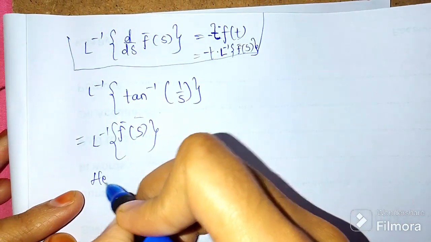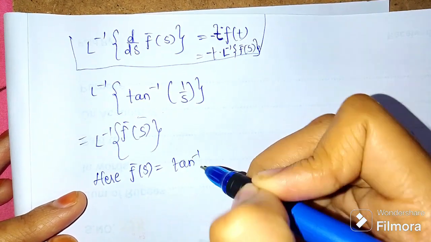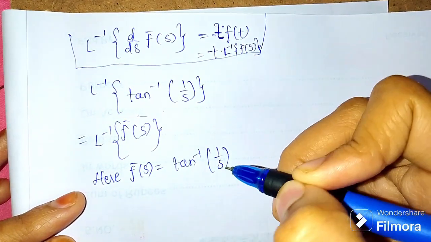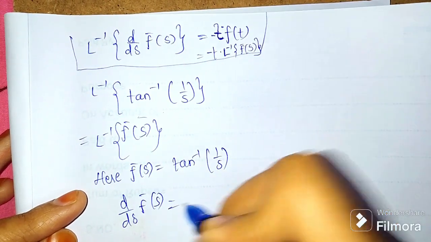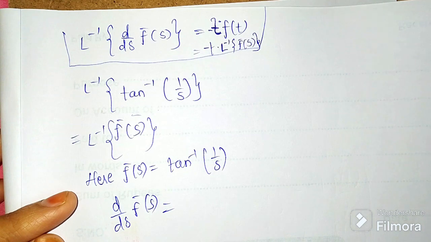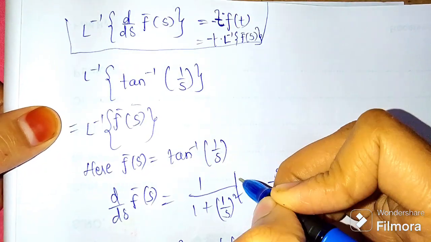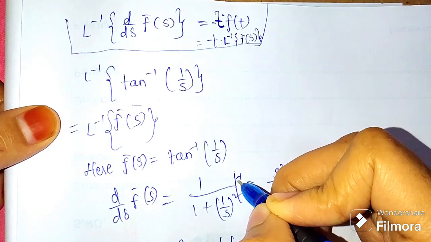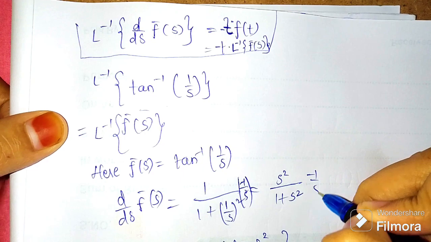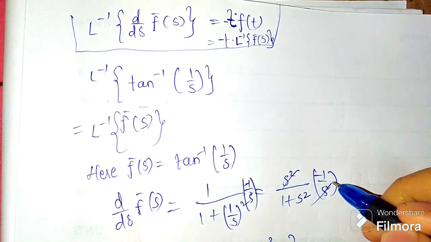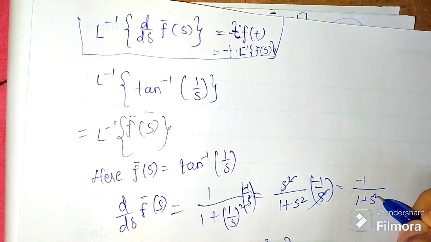So you write here f bar of s is tan inverse of 1 by s. Okay, derivative of f bar of s. What will it be? Tan inverse of 1 by s means 1 by 1 plus 1 by s square, into the inner derivative of 1 by s, which is minus 1 by s square. So this gets cancelled. So we'll be left with minus 1 by 1 plus s square.